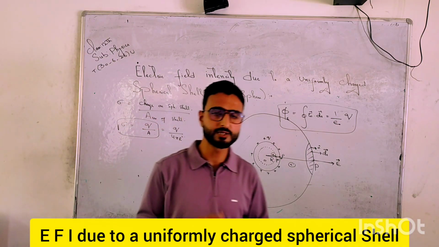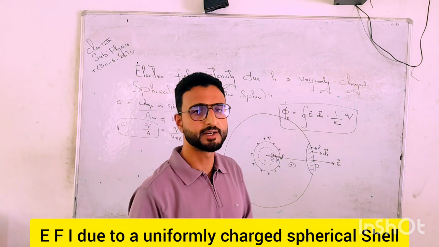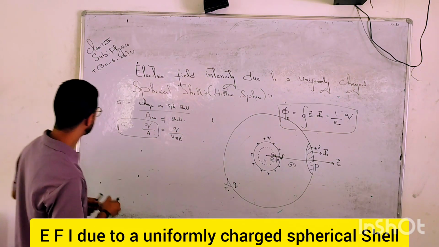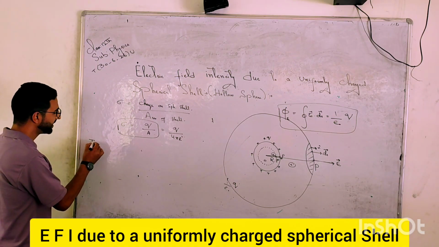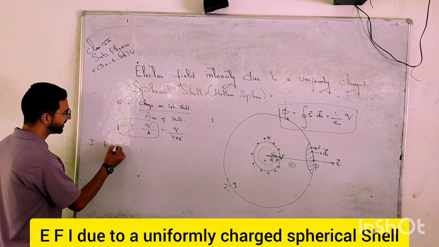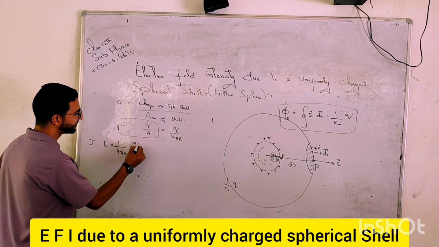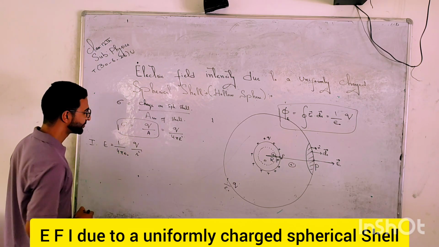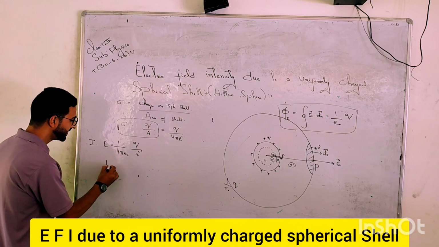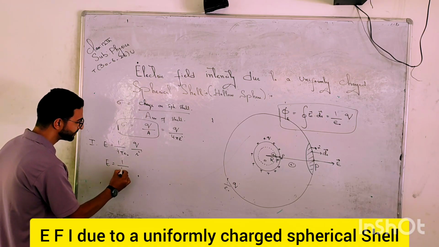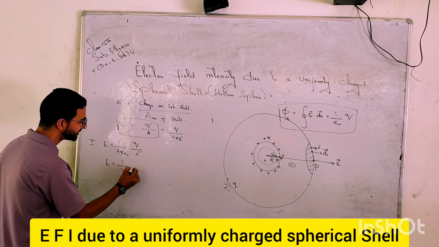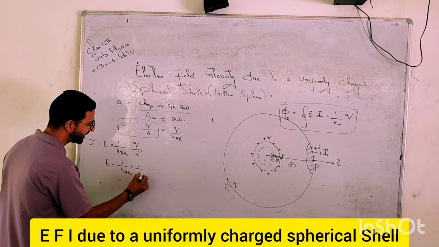This is the surface charge density of a spherical shell. Now the three expressions which we derived, let me try to write them in terms of sigma. So the first expression, if you remember, E is equal to 1 divided by 4 pi epsilon naught Q divided by r square. Here I will write 1 by r square.